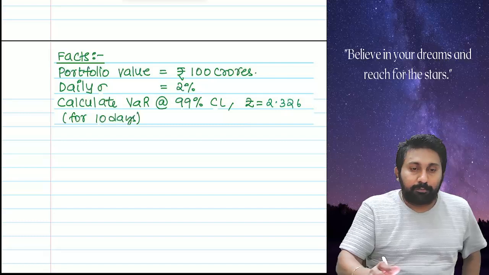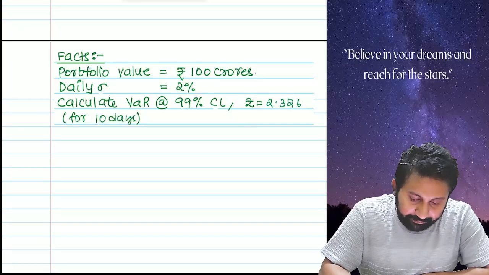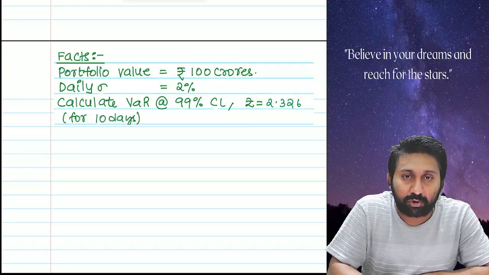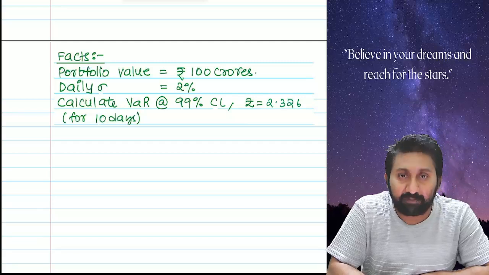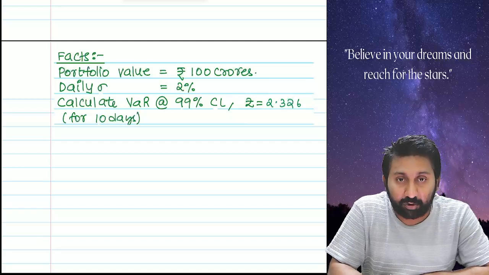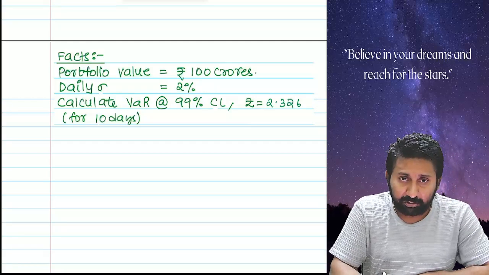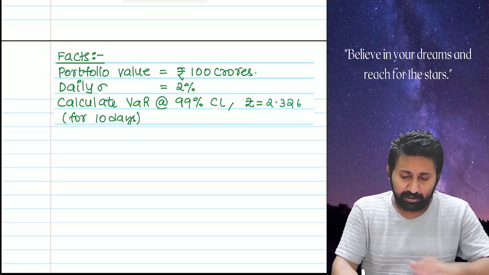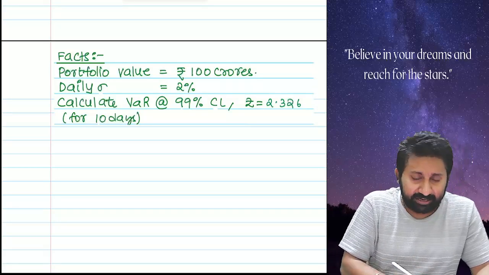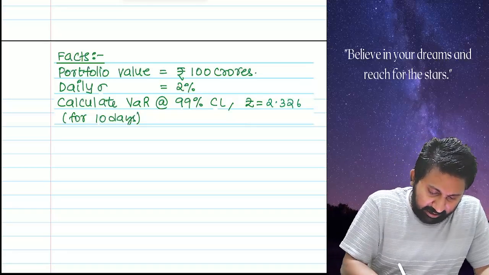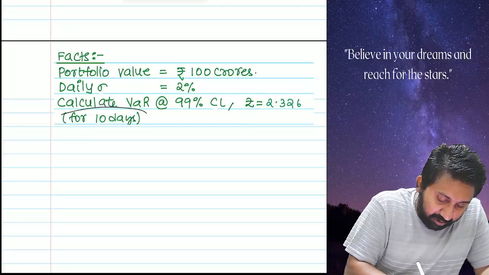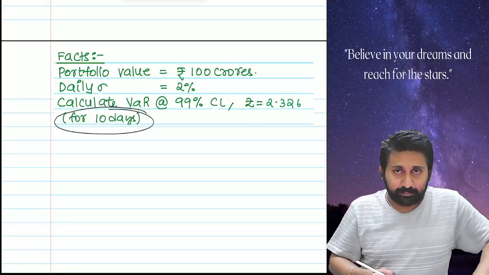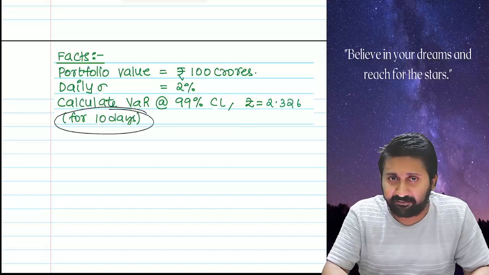Facts. Portfolio value 100 crore, daily standard deviation 2%. Calculate the VAR at 99% confidence level. Z value given 2.326. Okay, next. For how many days? 10 days. First, calculate VAR for how many days? 10 days. Directly we cannot calculate for 10 days.